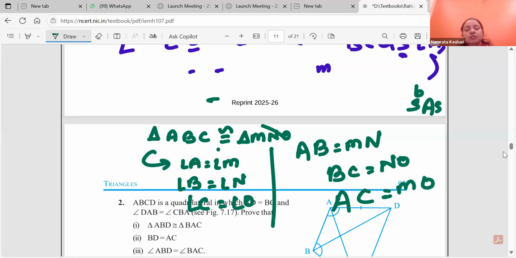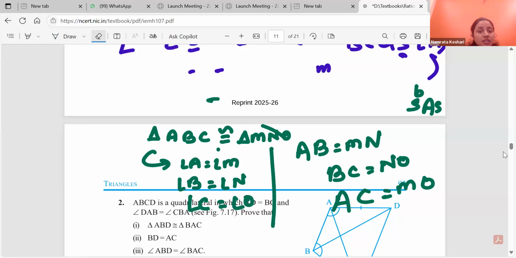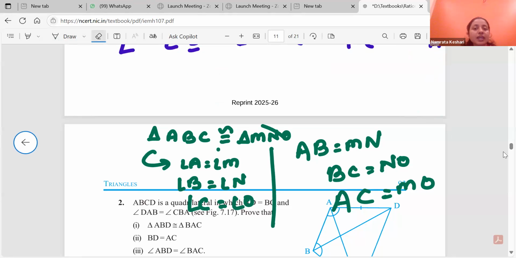When we were proving this, the criteria we learned are the bare minimum criteria which we match just to check congruency. But actually congruency means this only. Anytime it is given that ABC is congruent to MNO, our mind will process in this manner: A and M must be the same, B and N the same, C and O the same.